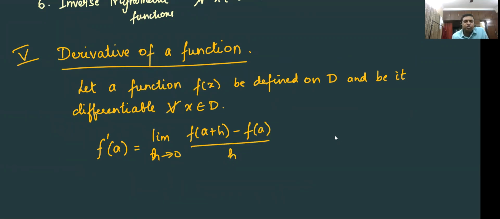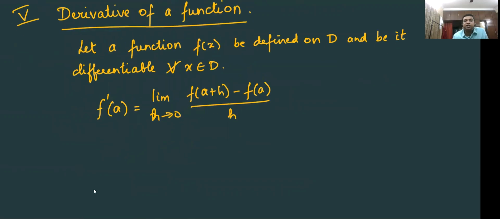Left hand limit is equal to the right hand limit. But I take the right hand limit. If I take the left hand limit also, it doesn't make a difference. The left hand limit: h tending to 0, f of a minus h minus f of a by minus h. Either I can take that or this.